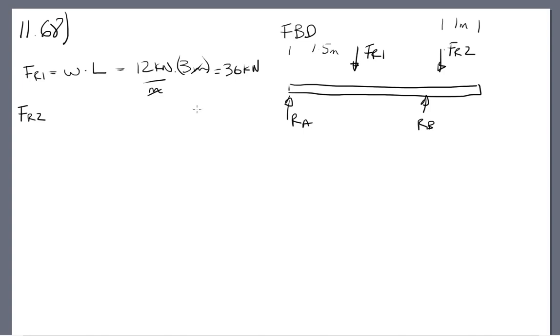So really your average distributed load is 12 plus 0 at the end divided by 2, and then you multiply that by the length over which it acts. So 12 over 2 is 6, so 6 kilonewtons per meter, the average, times 1.5 meters, equals 9 kilonewtons.